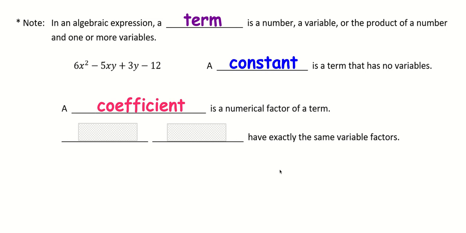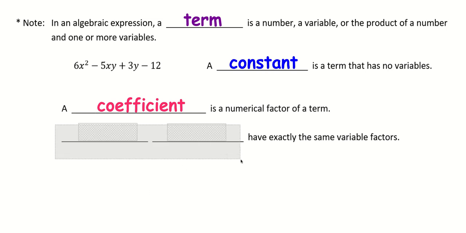A coefficient is a numerical factor of a term, in other words, the number that's out in front of the variable or variables. So the 6, the -5, technically it's -5, not just 5, and +3. Those are the coefficients.